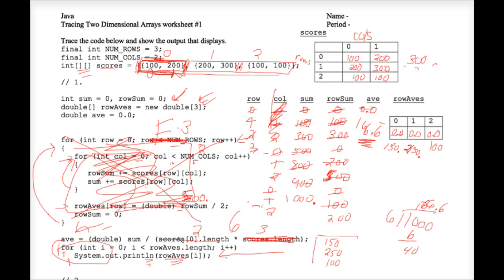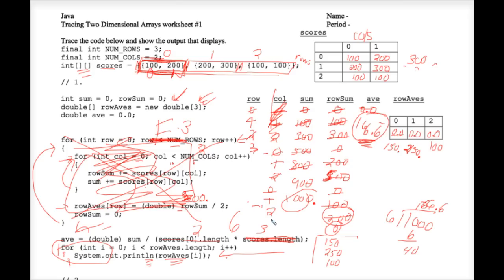Whatever happened to average? Well, it never printed out. We didn't do a System.out.print of av. So you should just have this number circled right here to show that that's the final value that's stored in the variable av. And while we're at it, let's circle our final values that you should have. Row sum actually ends up resetting to 0. It does reset back to 0 again on that last loop iteration.